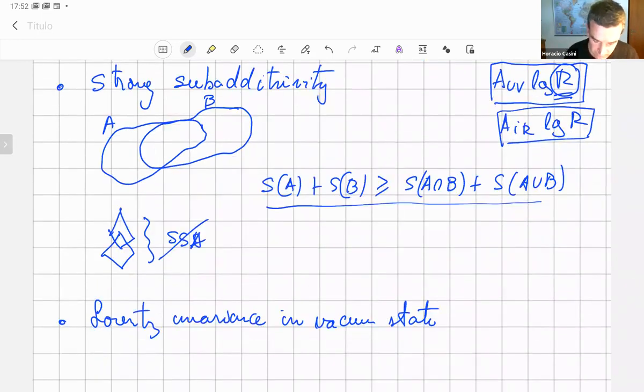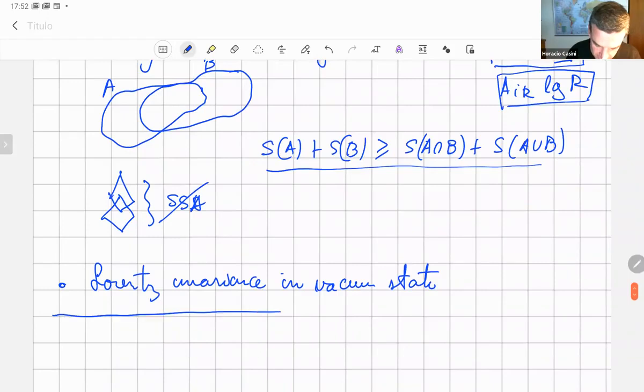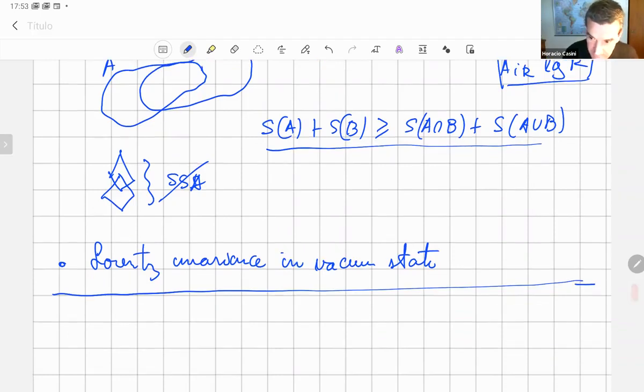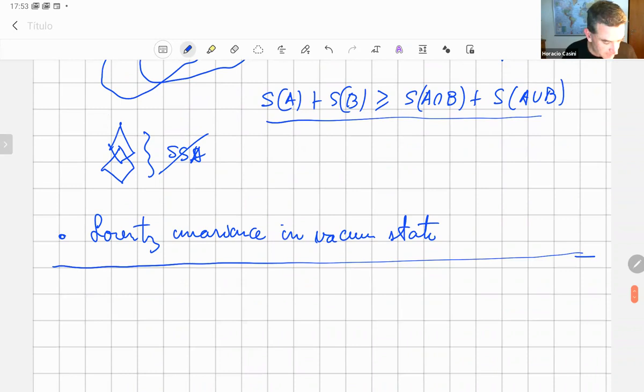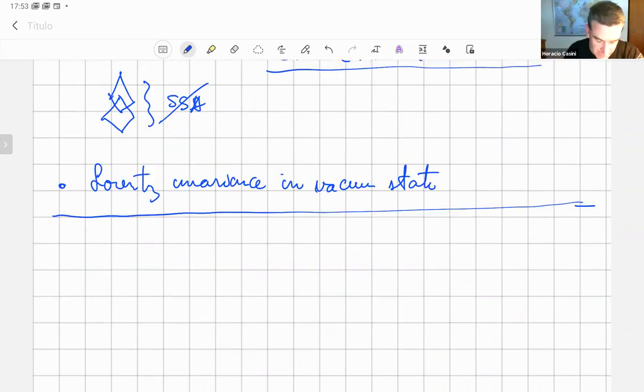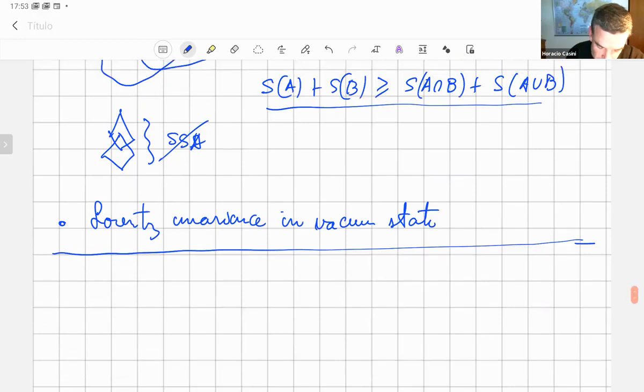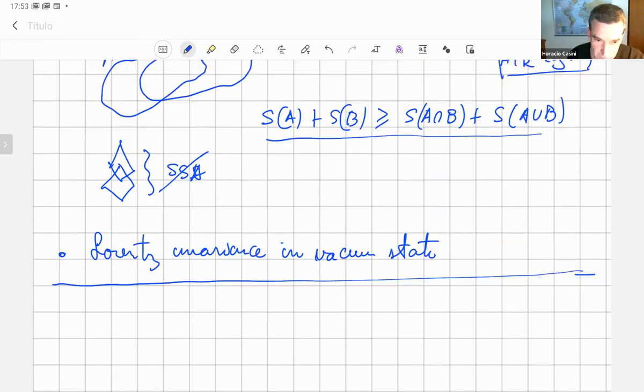So you have to use geometry and everything will hold. But before starting to show the irreversibility theorem, let me first try to understand what type of regions we need to use, because strong subadditivity can be used for any type of regions.